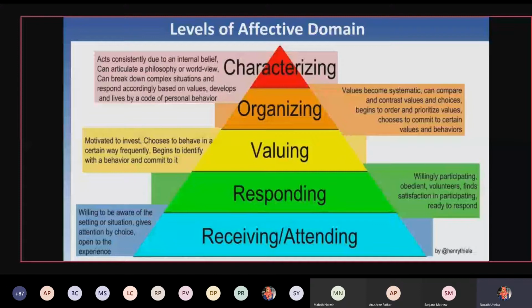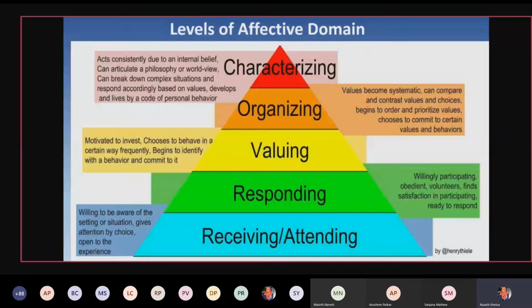And then valuing. This is a little advanced level compared to the basic 2 levels. And then organizing. Organizing is like having the higher level or the advanced level compared to the valuing. And at this level, the learner will be able to prioritize different values and possibly resolve conflicts arising from them. Right?